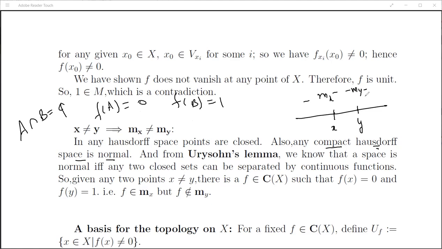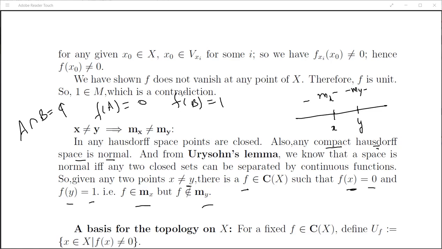So then, given any two points X not equal to Y, I can find an F such that X goes to 0 and Y goes to 1, by the separation of two closed sets, which are basically singletons here, X and Y. So my F belongs to the maximal ideal Mx, but it does not belong to My. And that clearly shows that Mx is not equal to My.